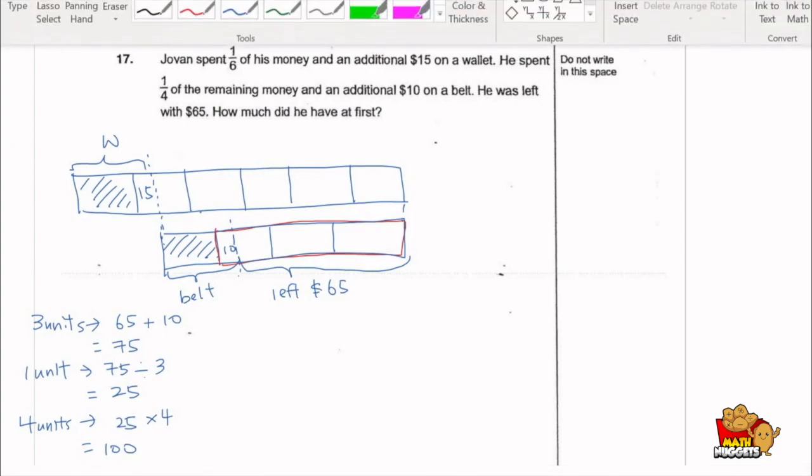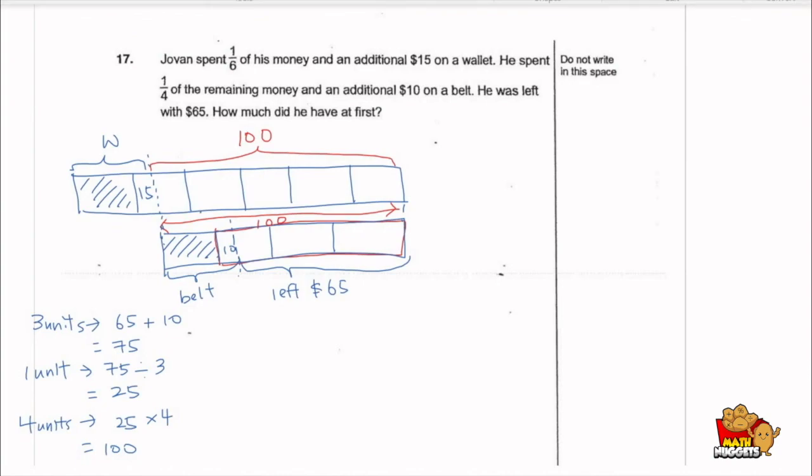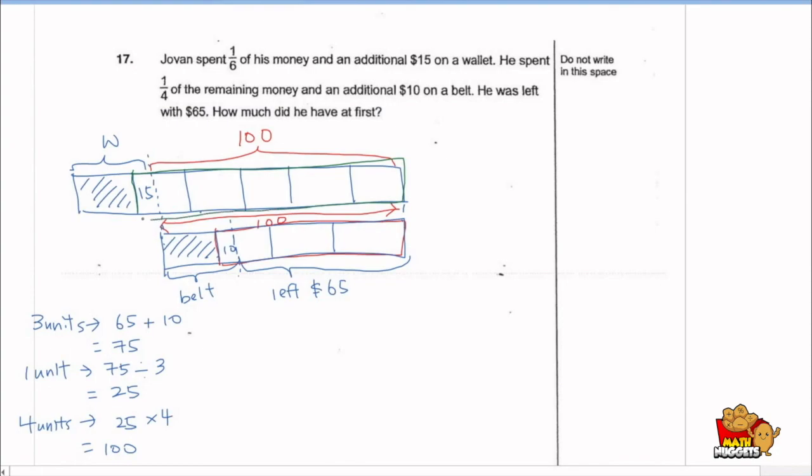So now let's go back to the model. Now where is 100? This is 100. Okay, so if we bring it up, you see here, 100 is here. So if 100 is here, can you see what's on top now? Can you see this here? 5 parts on top. So what makes the 5 parts?